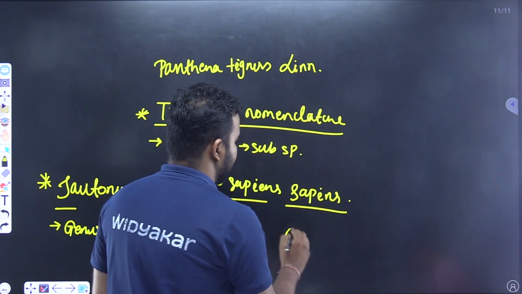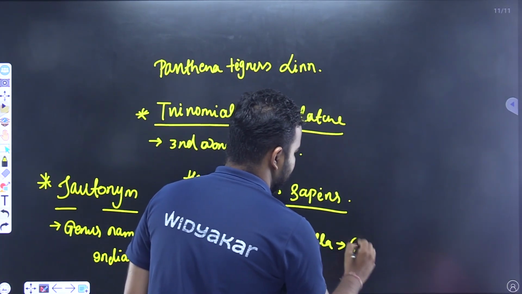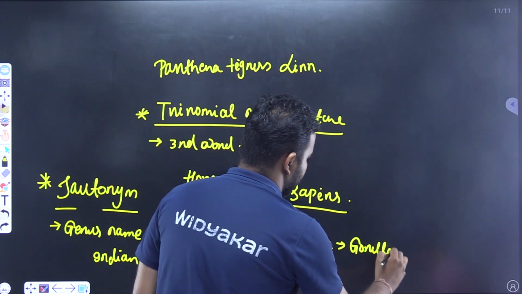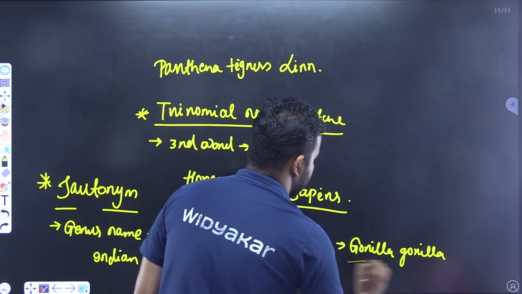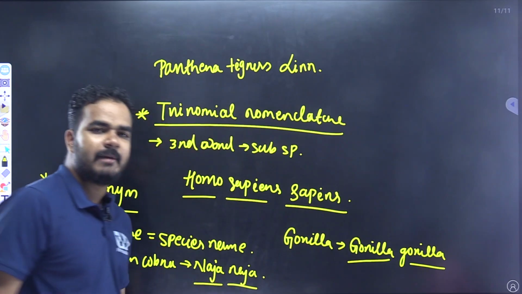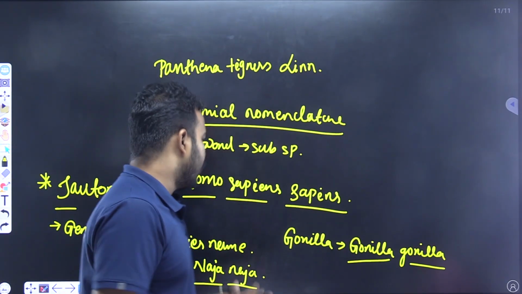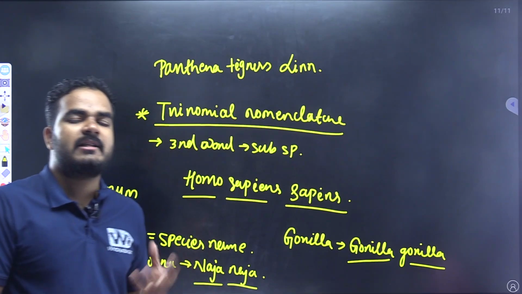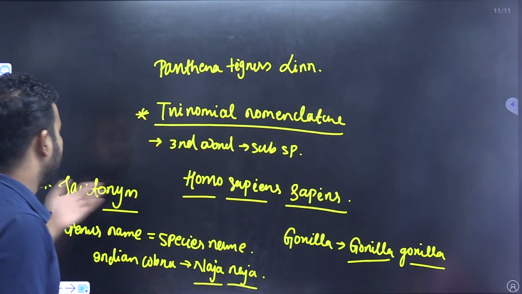Suppose the scientific name of the gorilla. The scientific name of the gorilla is Gorilla gorilla. Here also the genus and species names are the same. Rat, Rattus rattus. All these names where the genus name is equal to the species name are termed tautonyms.